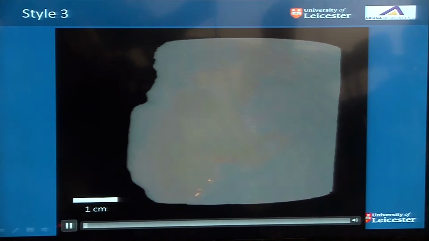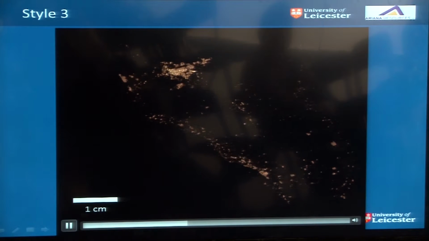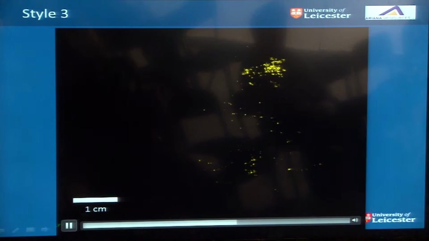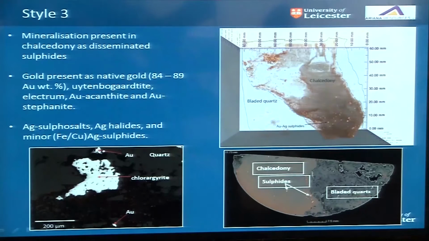This one is another style where we had chalcedony.